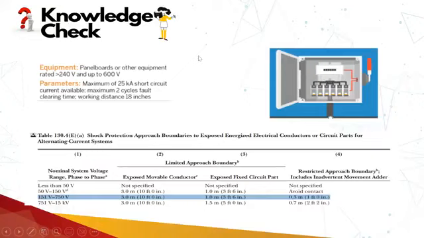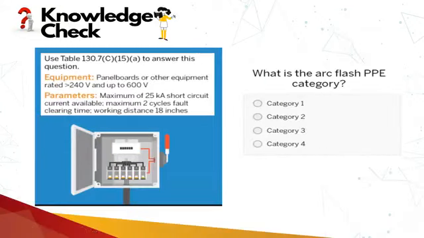But if it is also asking you to calculate the PPE category, then we will refer to the 130.7 C15A table, and from there we will check which row is exactly matching.